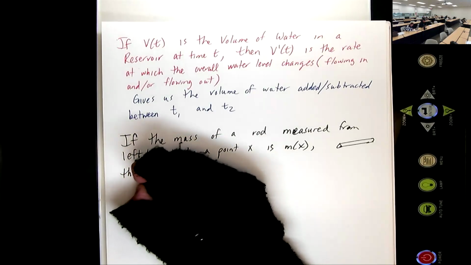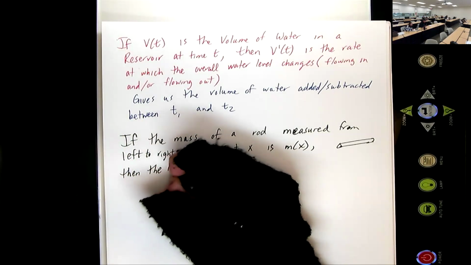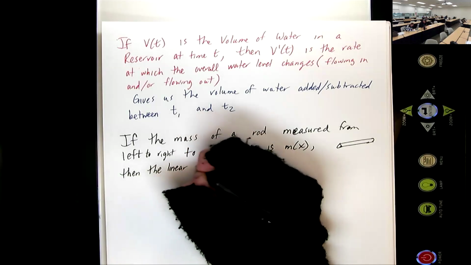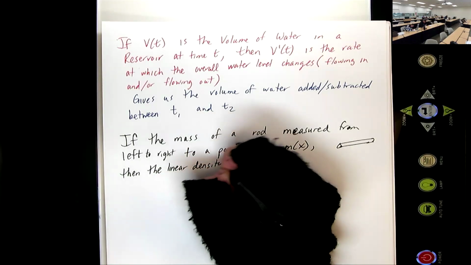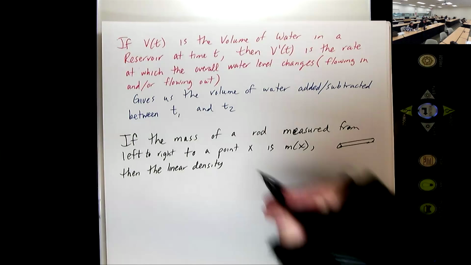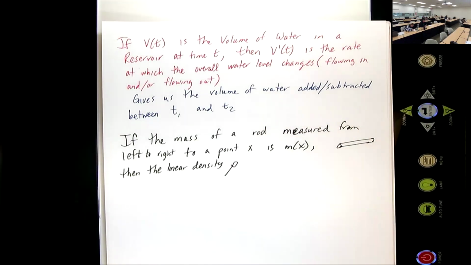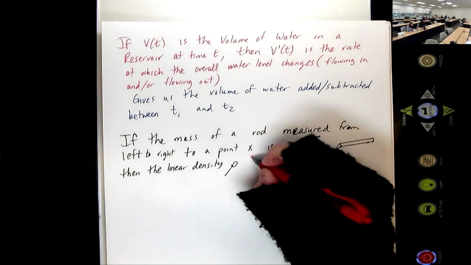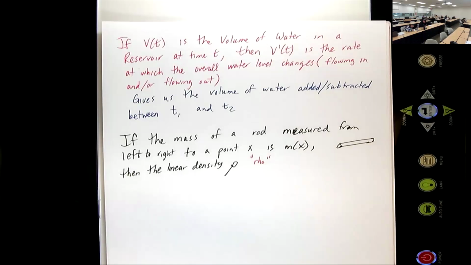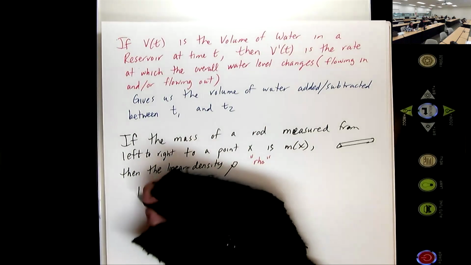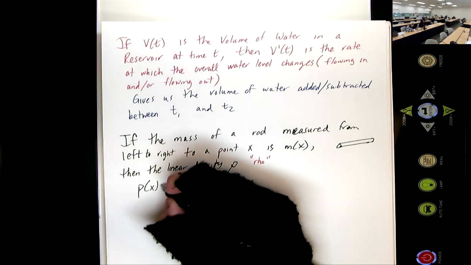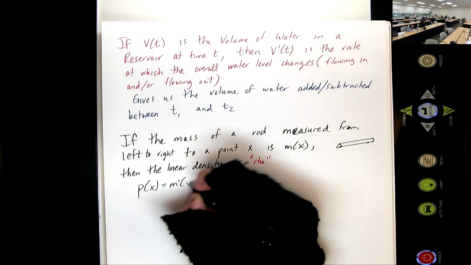Then the linear density goes by the character rho, it's a Greek letter, like a curvy p. Rho of x is the derivative of the mass.